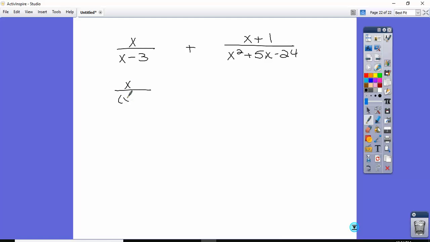X minus 3, there's nothing I can do with it. Okay, but this denominator, when can you do the shortcut box method and not draw out the full box? Right, when our x squared term has a coefficient of 1. So if it's just 1x squared, you can do this, otherwise you need the full box. Okay, what two numbers multiply to negative 24 and add to positive 5?